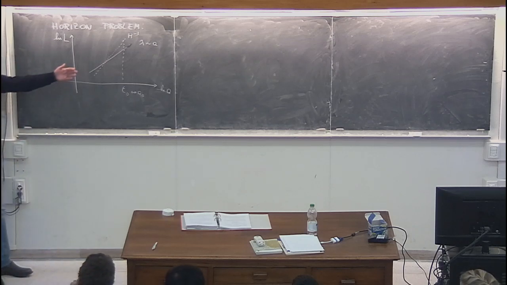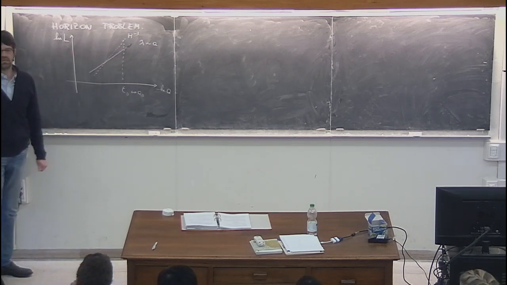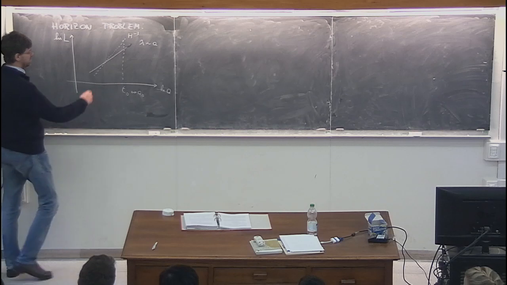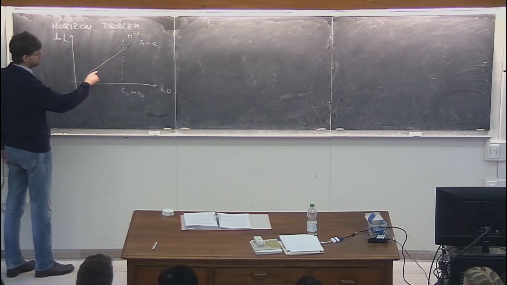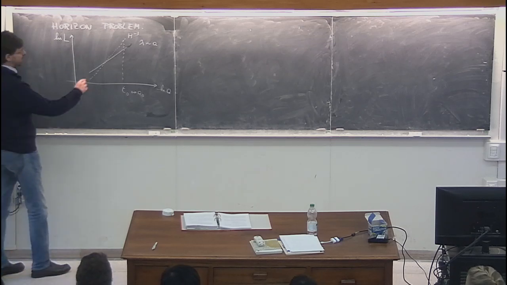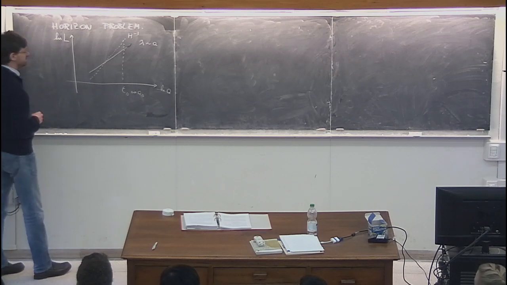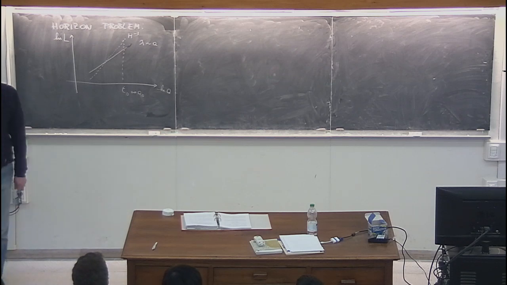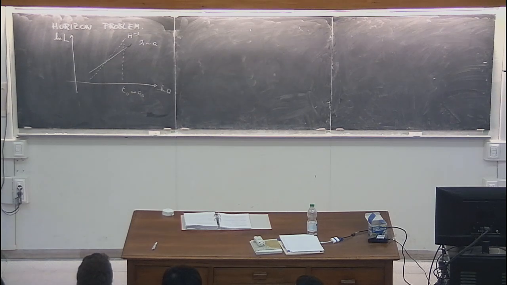But then we said that since the Hubble radius has a steepness which is larger than the wavelength, sooner or later this Hubble radius will cross the physical scale, which is going like the scale factor, and the Hubble radius will become smaller than the wavelength. And we also did an exercise to estimate, for instance, the last scattering surface.